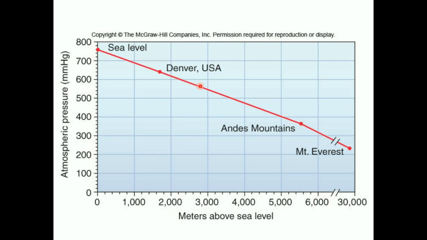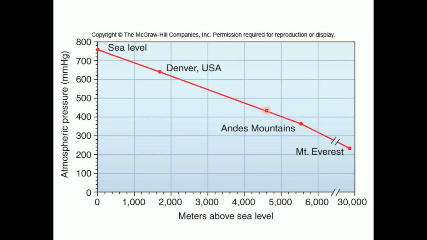Then, as we go higher up the mountains, we will see a continued drop in atmospheric pressure. Right about here at 4,600 meters, that is equivalent to the elevation of Taita Imbabura, the volcano that's sitting right in front of us.